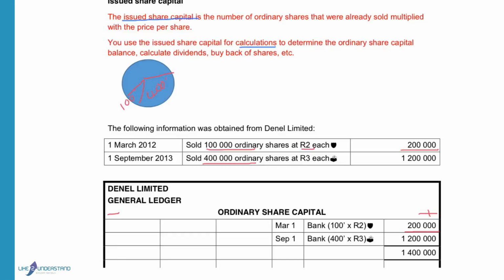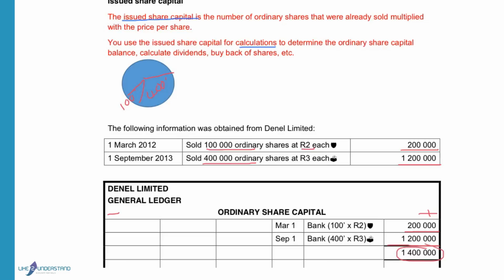So you multiply the 400,000 with the 3 rand, and that means the total capital that came in out of the issue of the shares is 1.2 million. You will increase your share capital again with the 1.2 million, and that means that the total capital in this business at this stage is 1.4 million.